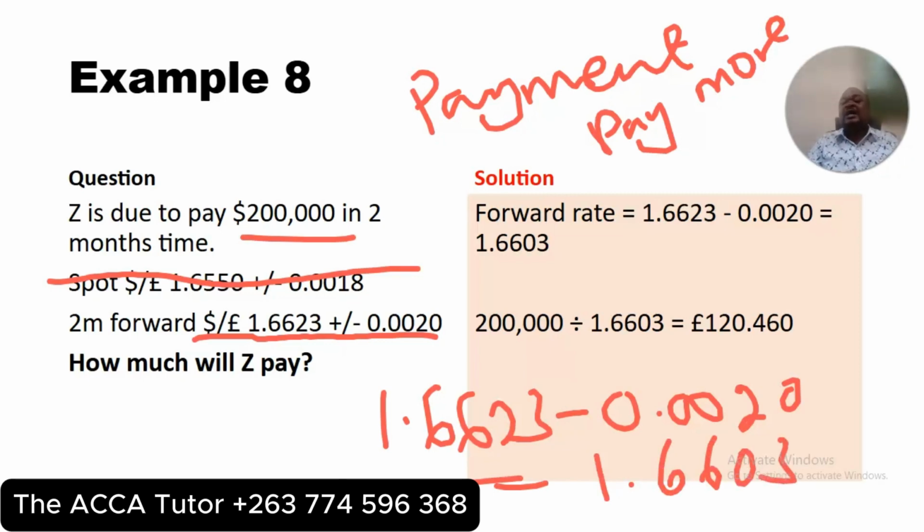This will ensure that we are going to pay as many pounds as possible. Are we together, ladies and gentlemen? This is how we obtained this rate. Okay.